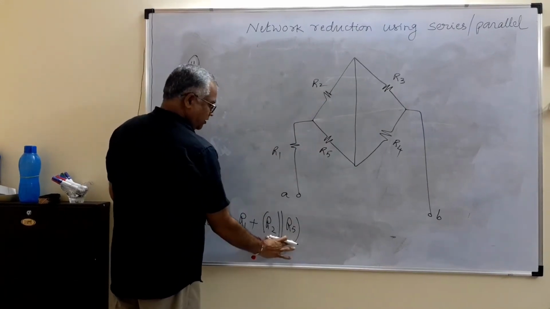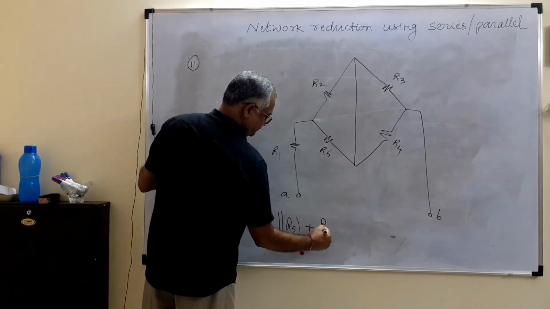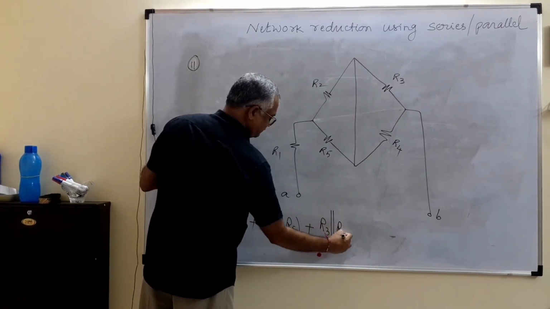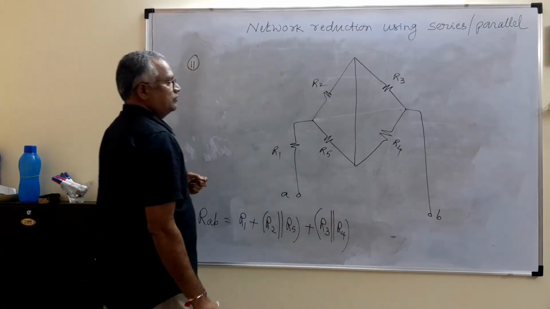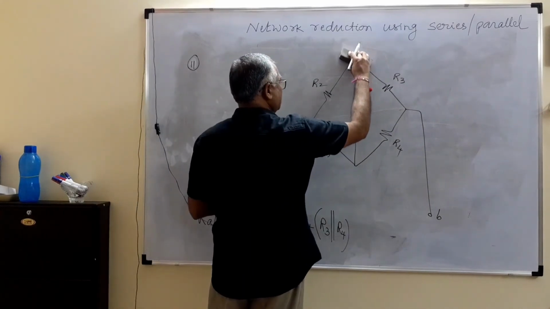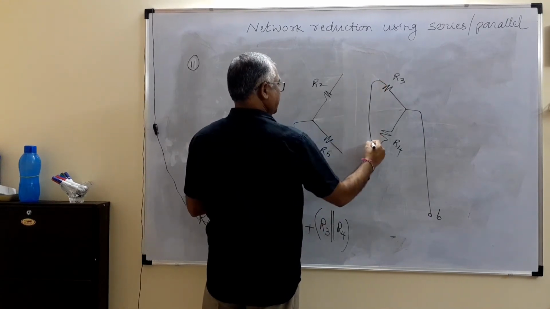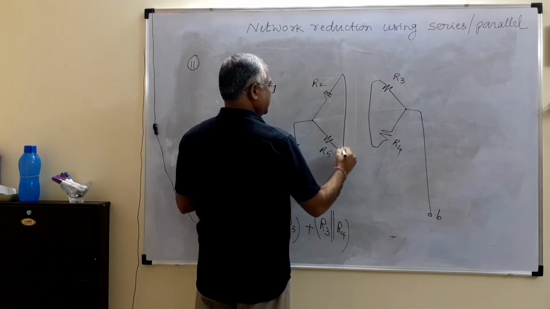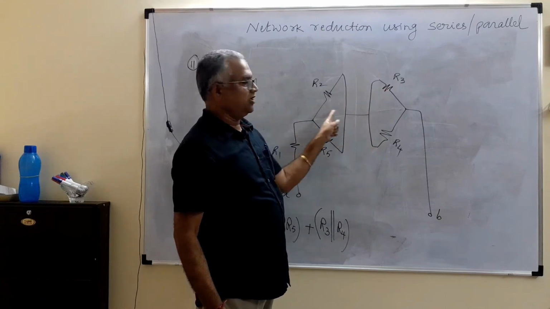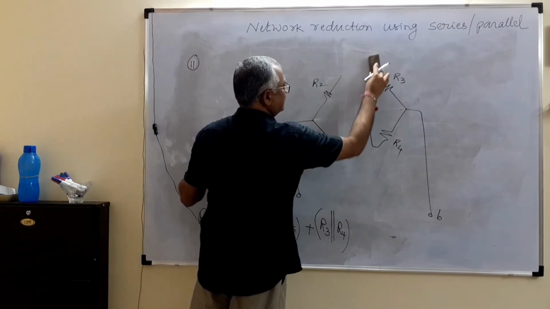R2, R5 parallel. That is in series with R3, R4 parallel. If it is confusing, it is equivalent to say that these endpoints are connected, these endpoints are connected, and like this. So these two are clearly parallel, these two clearly parallel, again both are in series. So like that we can answer.